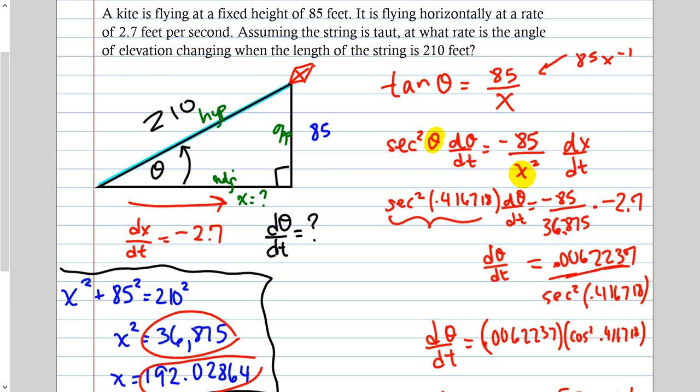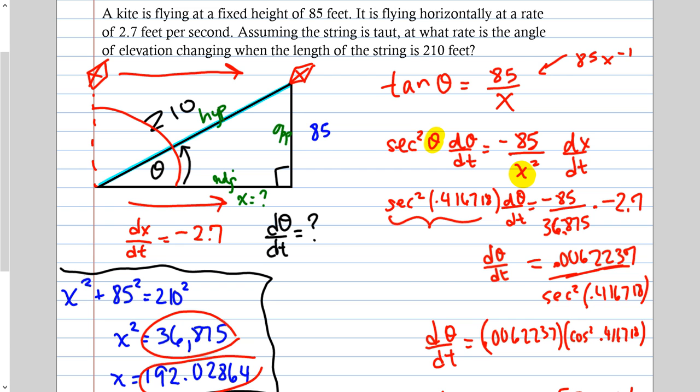It's negative because, let's say that the kite started up here, directly up 85 feet. It was being pushed this way, which is why I said negative. At this rate, the angle was initially this big. What's happening to the angle as the kite goes that way?